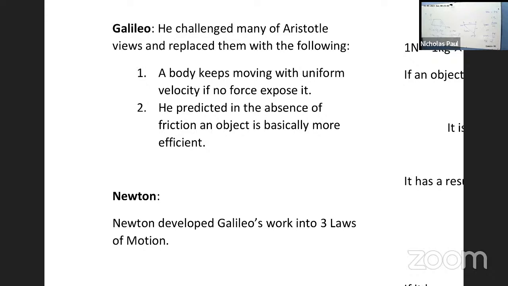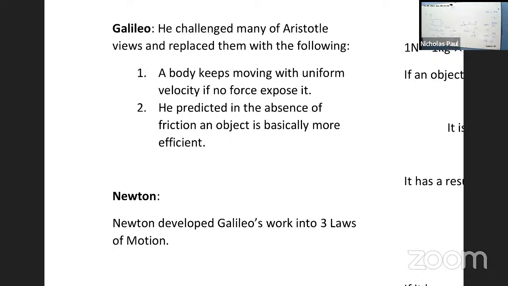Galileo challenged many of Aristotle's views and replaced them with the following: a body keeps moving with uniform velocity if no force acts on it. So it will continue with a constant velocity if no external force acts on it.